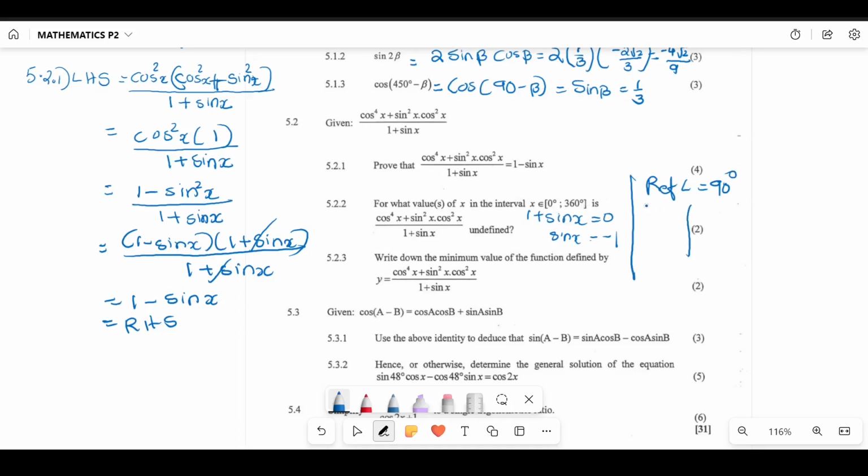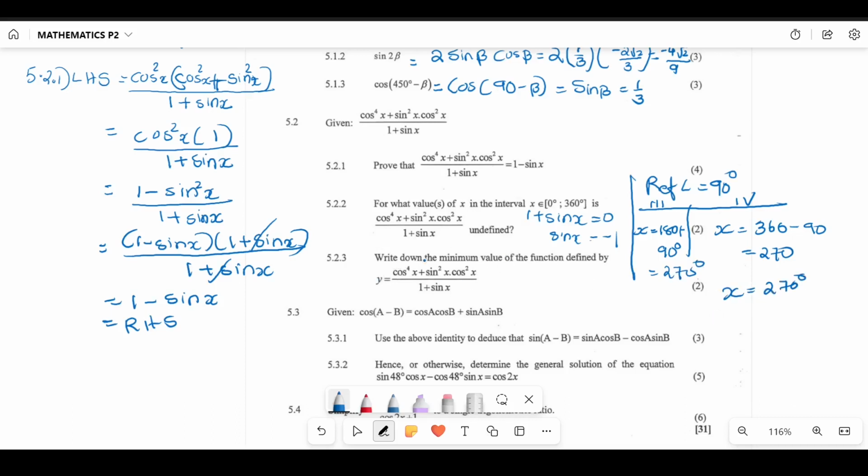Because it's from 0 to 360, we consider the two quadrants where sine is negative: third quadrant and fourth quadrant. So x in the third quadrant will be 180 plus 90. You don't have to find other k times 360 because the answer is only from 0 to 360. The fourth quadrant answer is 360 minus 90, which is also 270. So only one answer, x equal to 270.